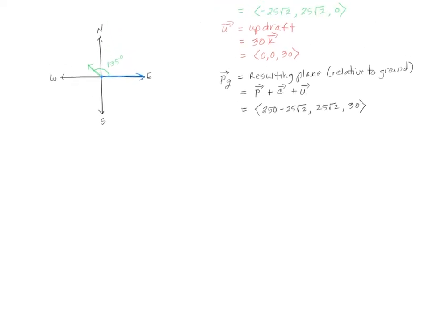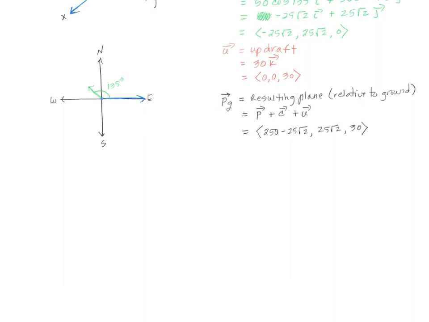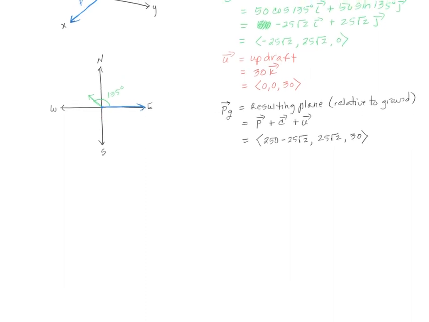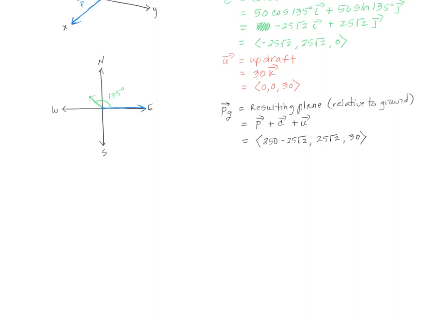So I need to find the speed. Well, the first thing I'm going to do is look at this two-dimensional diagram. Now, if I was looking at how the crosswind affects my plane, this blue vector is my plane, and the crosswind is blowing my plane, so it's going a little bit to the north.